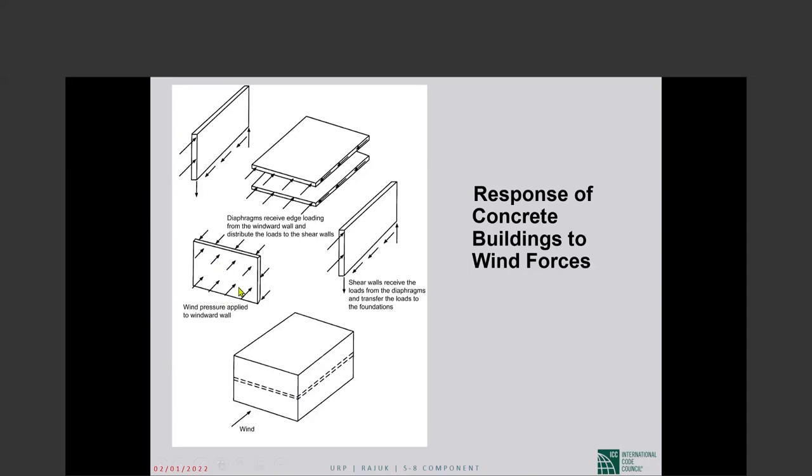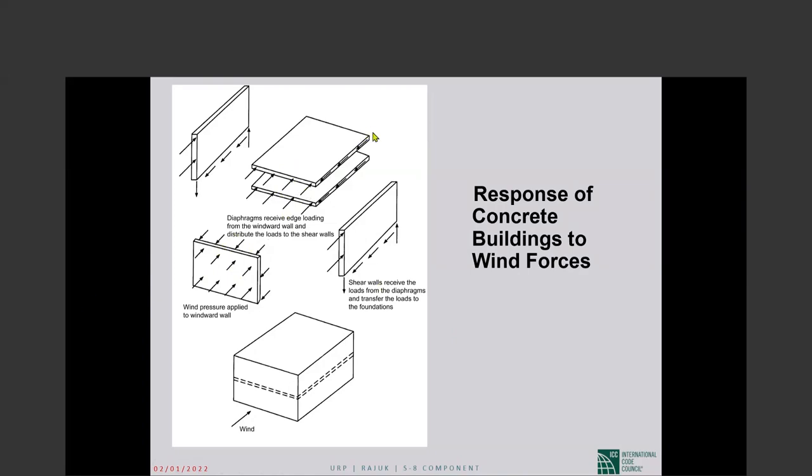So this is a building where wind acts on, let us say, this cladding panel of the building. Cladding panel is probably the best example. Wind acts on this cladding panel, and the cladding panel bends between supports provided by this diaphragm and that diaphragm, the diaphragms at the two levels, which transfer the wind to the diaphragms.